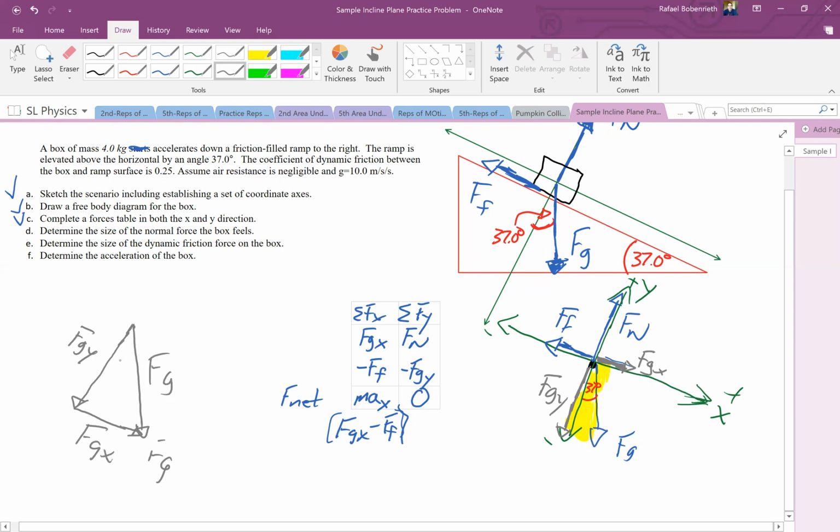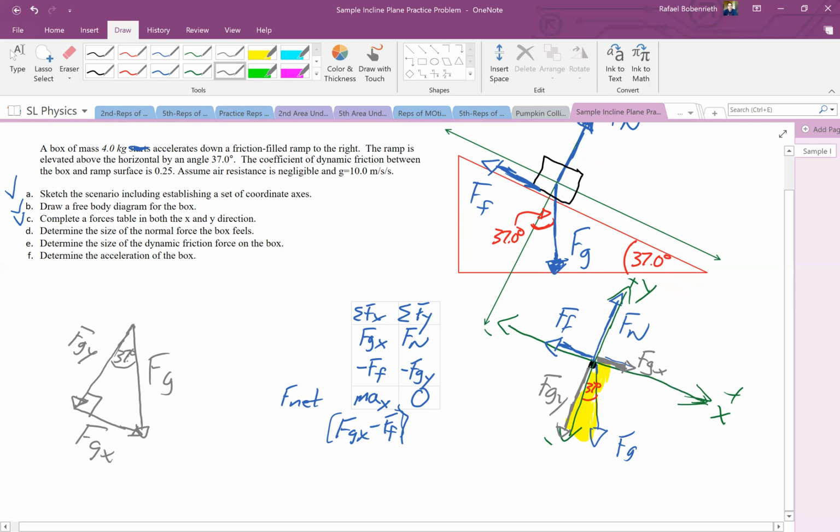And this is FG. And so what I have here is a right triangle where FGX is coming down here and FGY is coming down here. I add FGX to it, and I get my resultant vector FG, okay? And this is a 37-degree angle here.